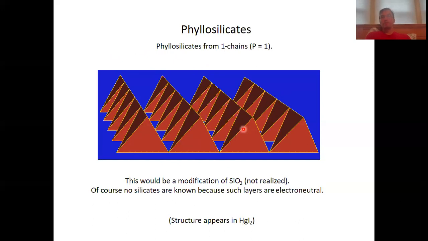But silicon dioxide does not realize this structure in practice, even though it's possible to write the structure on a sheet of paper, for energetic reasons.